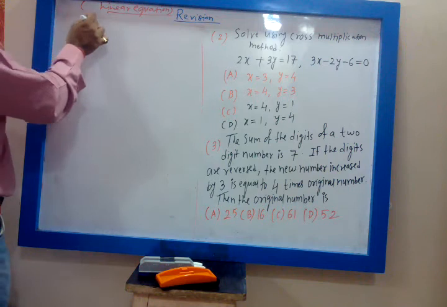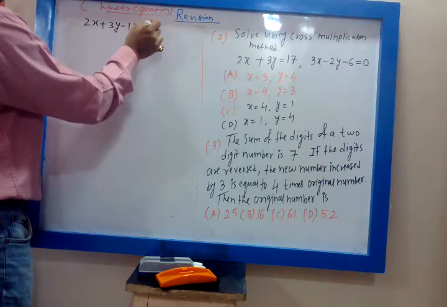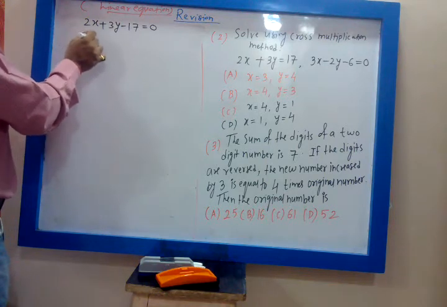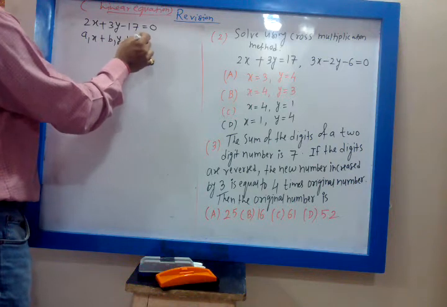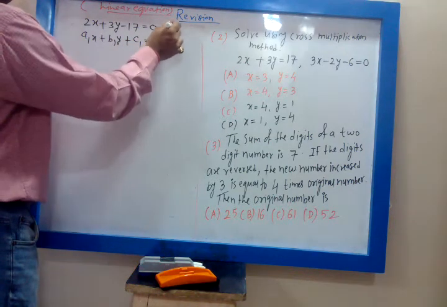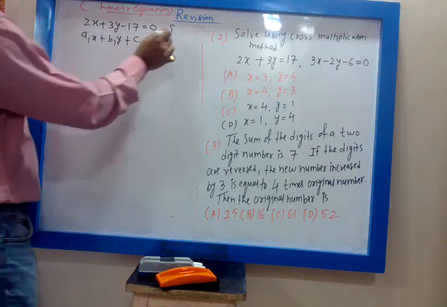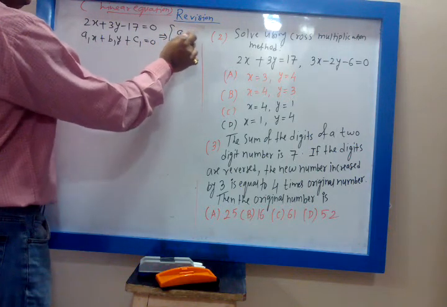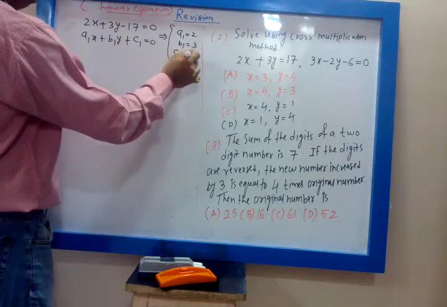So we write 2x plus 3y minus 17 is equal to 0. You will compare this with a1x plus b1y plus c1 is equal to 0. You will get the values of a1, b1, c1. What is a1? Coefficient of x. a1 is 2, b1 is 3, and c1 is minus 17.